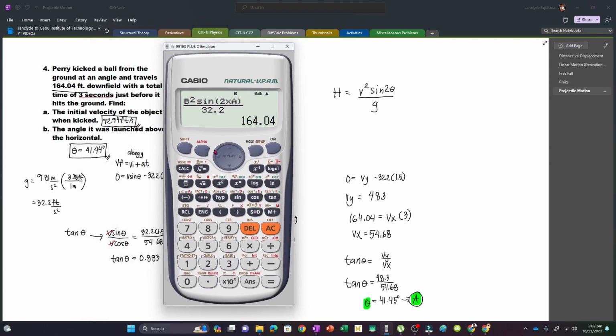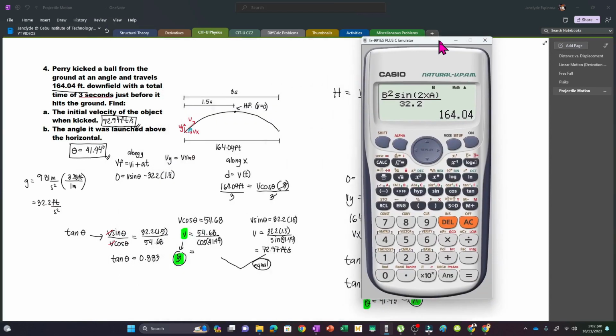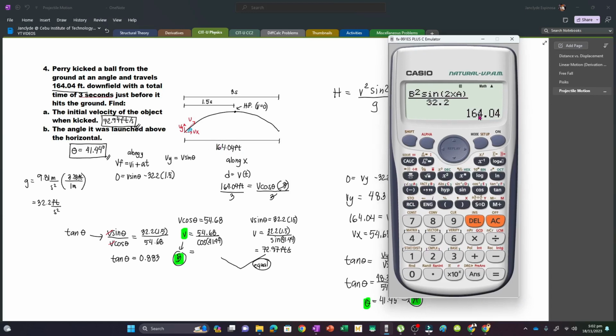Press equals, and we get 164.04, which means our solution is correct, I mean, our answers. So that's how you can verify.